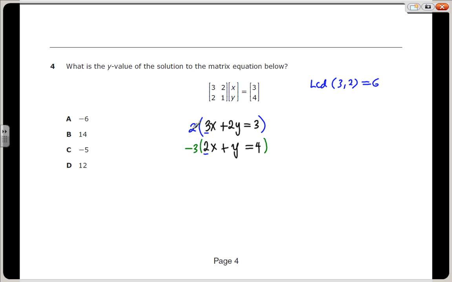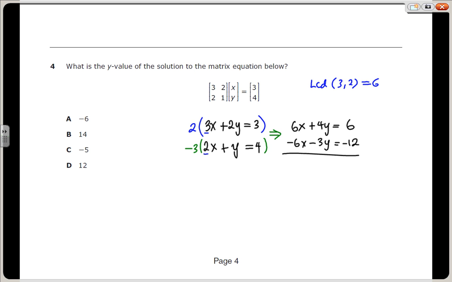Alright, why did I pick these numbers? I want to make this 6, so if I multiply this by 2 I'll get 6. And I want to make this the opposite of the LCD, which is -6, so I multiply it by -3. Alright, so upon distribution of these values to both equations, I'll have 6x plus 4y equals 6, and -6x minus 3y equals -12.